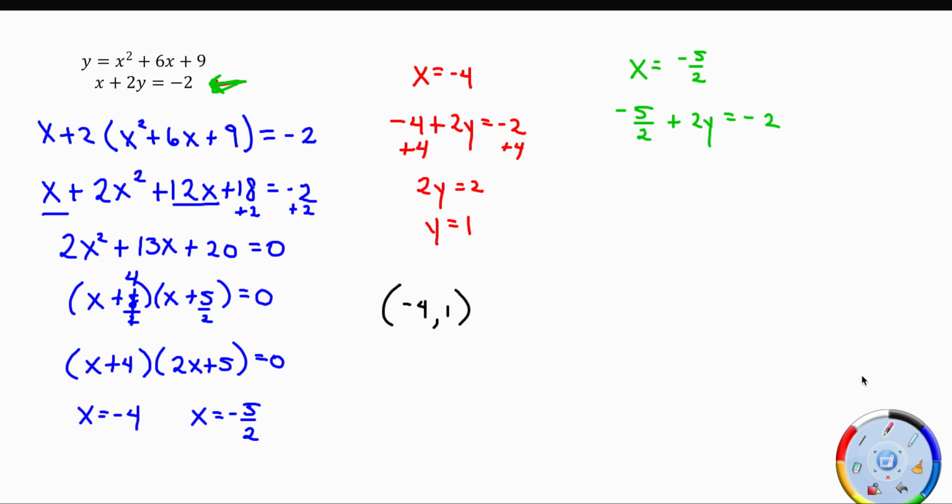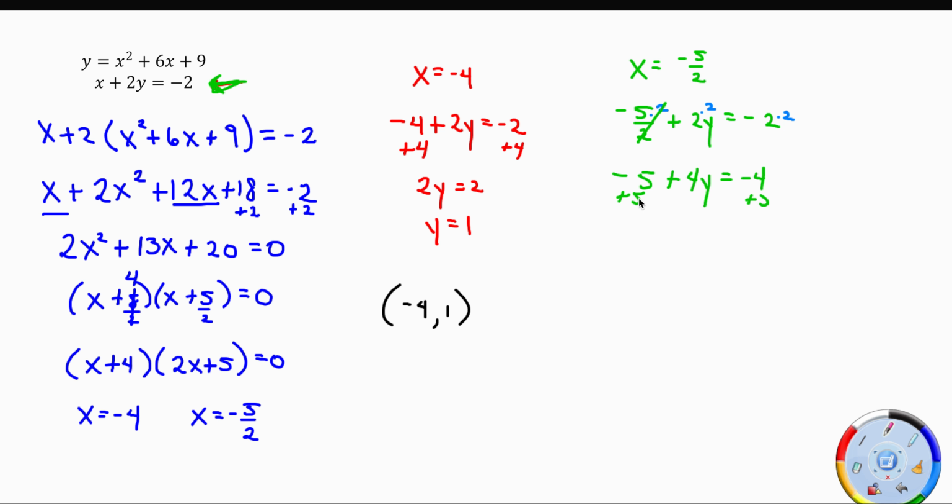First thing I would do is get rid of this fraction, so I'm going to multiply everything by 2 to get negative 5 plus 4y equals negative 4.